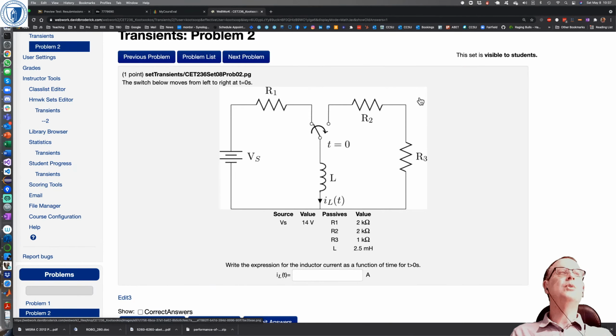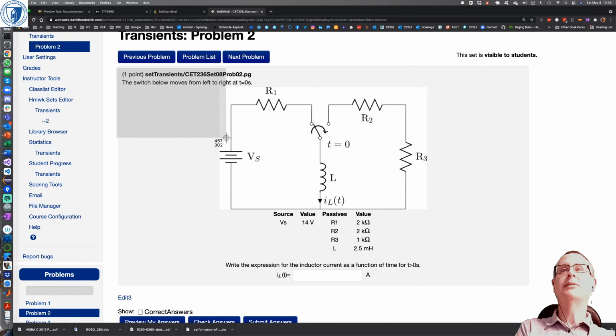Again, we're assuming that the switch has been in place for a long time before we get to time 0. So that means there's no voltage drop across the inductor. So the only thing that matters as far as the initial current is concerned is the resistance and the voltage.